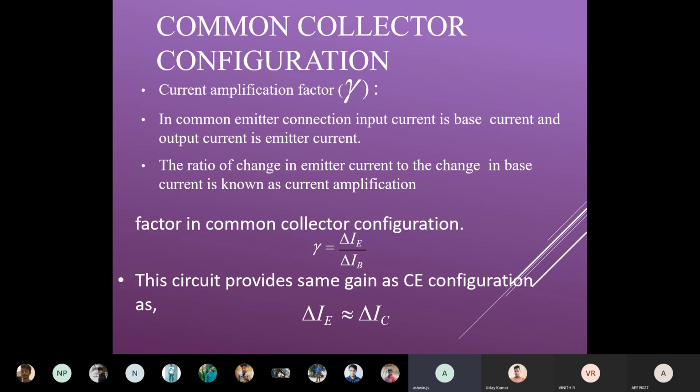Why? Because the collector is grounded, common. So the output current is the emitter current and the input current is the base current. The amplification factor, otherwise called gain, is denoted by gamma. For the common collector configuration it is IE by IB.